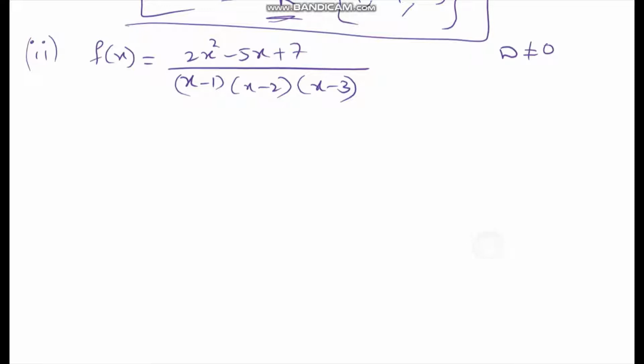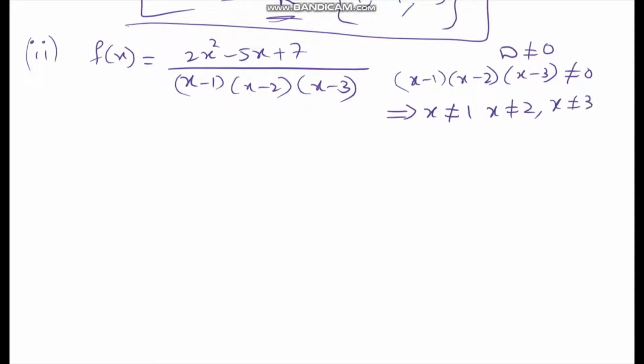So (x minus 1) into (x minus 2) into (x minus 3) should not be equal to 0. That implies x should not be equal to 1, and x should not be equal to 2, and x should not be equal to 3. So the domain will be the real number set minus 1, 2, 3 values.